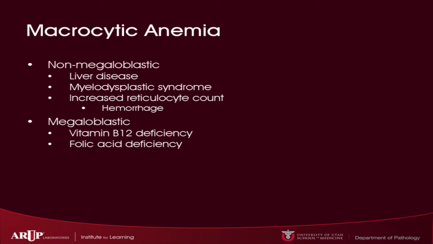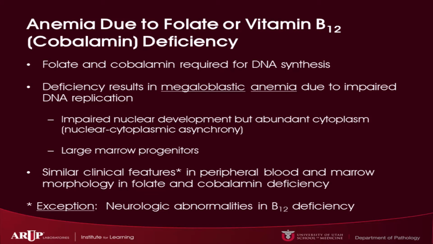The pathophysiology behind macrocytic anemia is that there is a problem in DNA synthesis in the red blood cell. The most common causes of macrocytic anemia are vitamin B12 deficiency and folate deficiency. Both of these, folate and cobalamin or vitamin B12, are required for DNA synthesis.